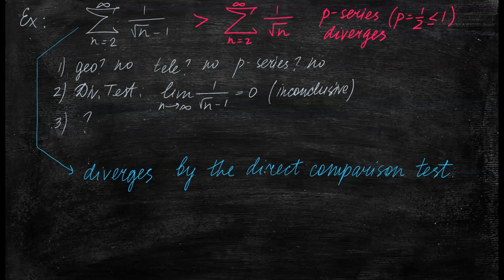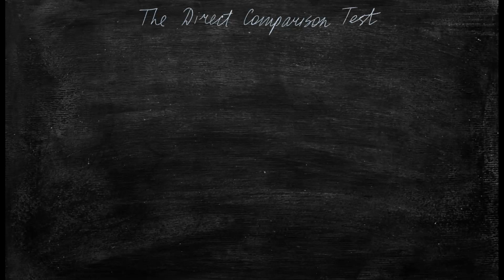All right, so to summarize this approach, let's write this out. The direct comparison test works if you have the following relation between some series.